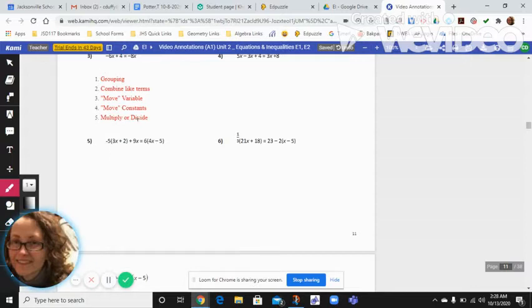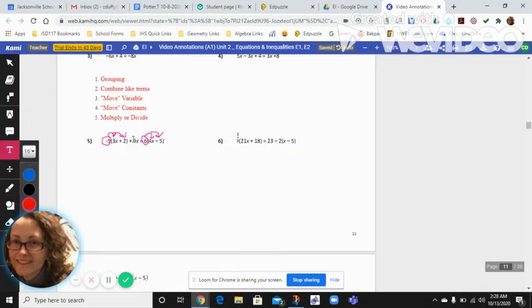Looking at step 1, I do have grouping symbols. I do have parentheses, so I'm going to take care of my parentheses first, and I'm going to do that by distributing everything that is on the outside of that parenthesis. I want to multiply it through to the terms inside the parenthesis.